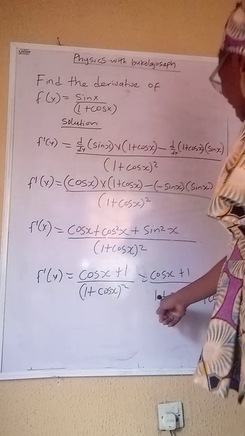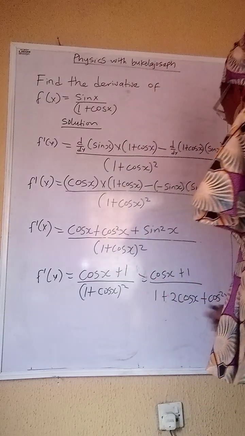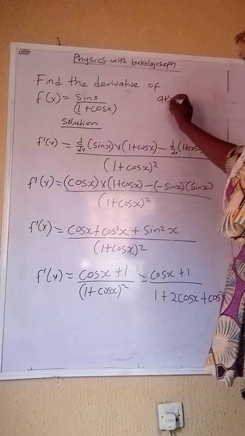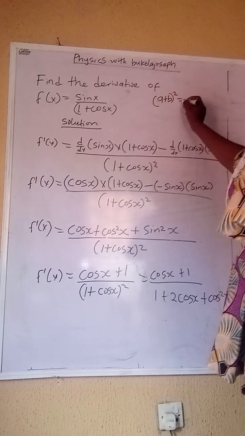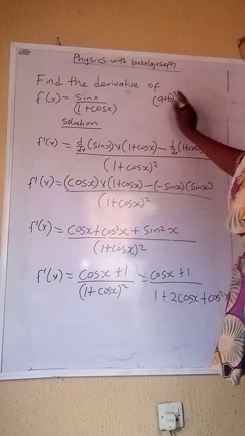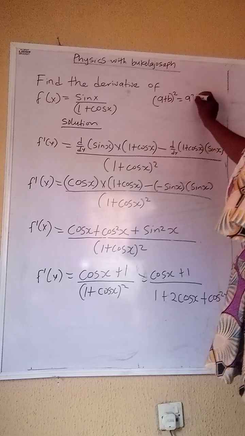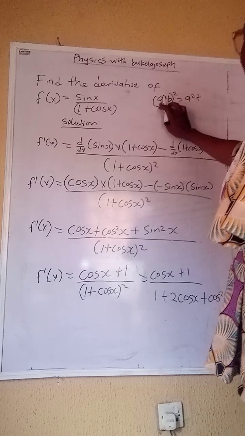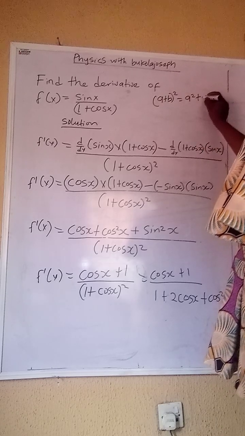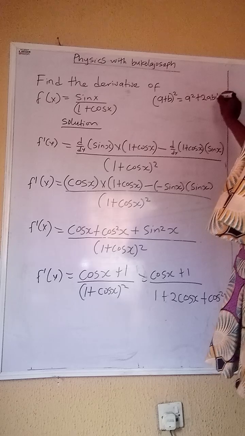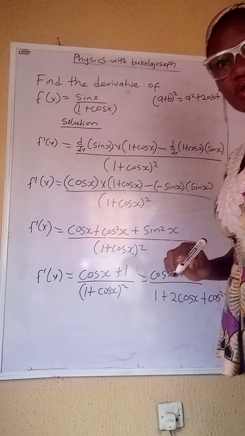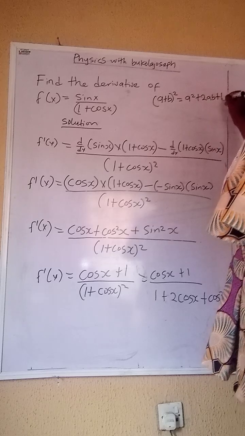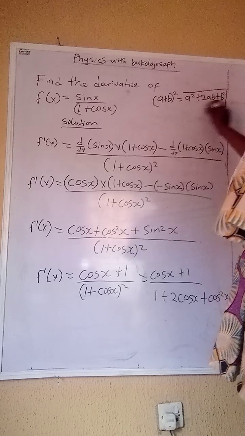I know some of you are wondering, how did I get to this point? Let me remind you. If you have a plus b squared, this is the same thing as a times a will give us a squared, then plus 2 times a times b will give us 2ab. Then plus b times b will give us b squared. So this is the formula I used.